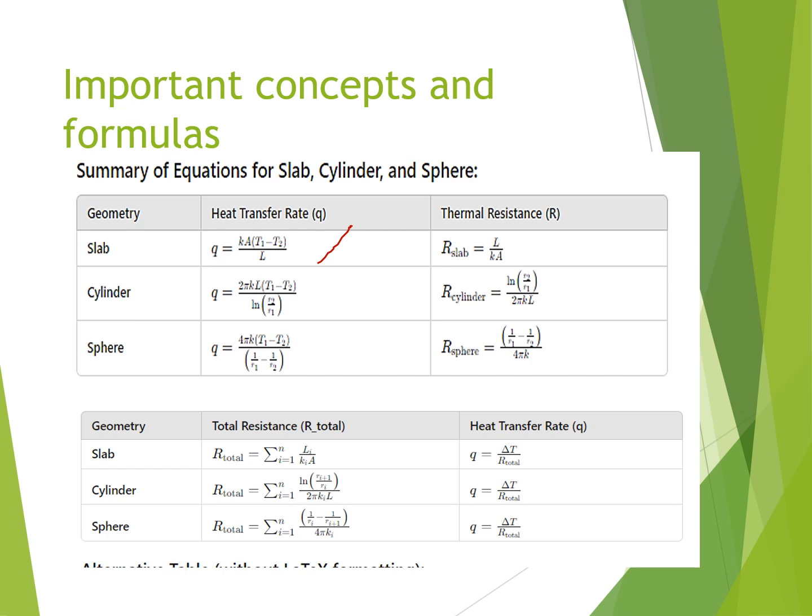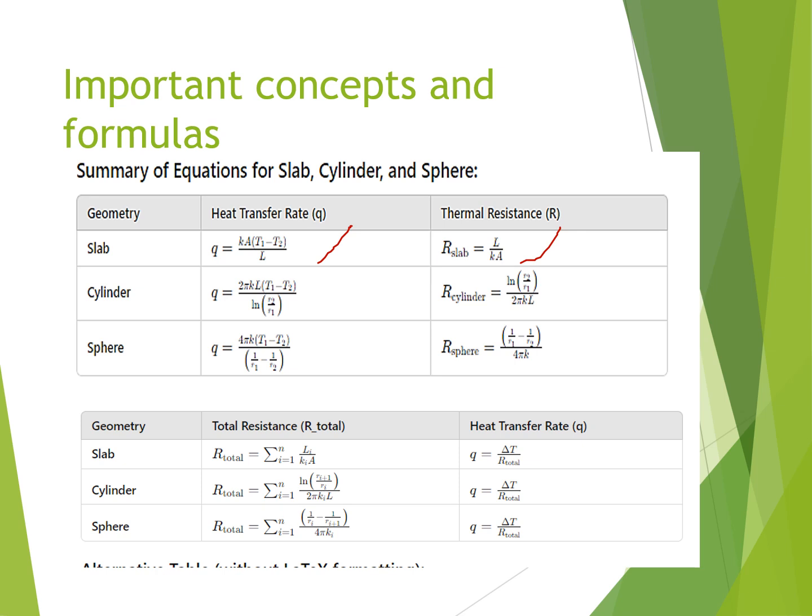So r1 is the inner radius and r2 is the exterior radius. The temperature difference remains same because the temperature difference is your driving mechanism of heat transfer, and all the other things are your thermal resistance. So the thermal resistance will vary for your cylinder, then for sphere also it will vary.